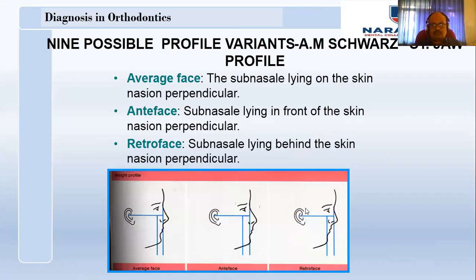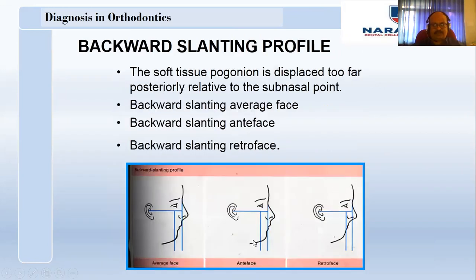So we have the average face, anteface and retroface depending upon its relation to the 90 degrees perpendicular, or to a line drawn from the forehead to the chin point. In a backward slanting face, can you see here, the chin is less prominent.